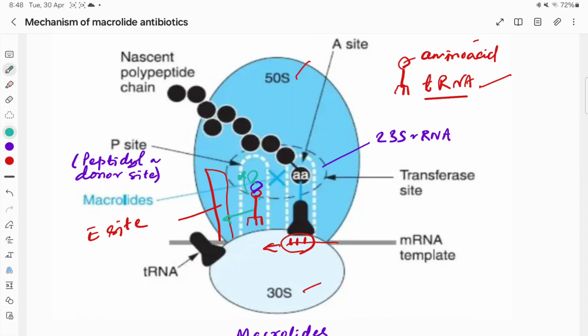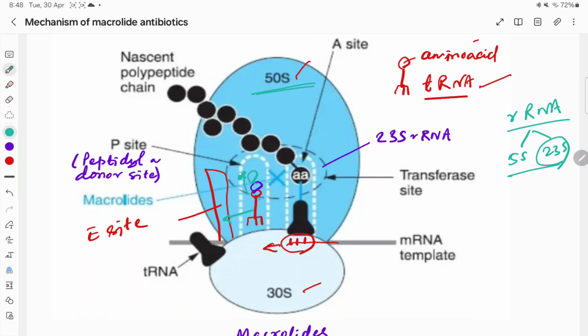The macrolide antibiotics inhibit protein synthesis by binding to the larger subunit, that is the 50S subunit, and this 50S subunit consists of two ribosomal RNAs, 5S and 23S rRNA, and there are 31 proteins. This 23S rRNA is the target of the macrolide antibiotics.